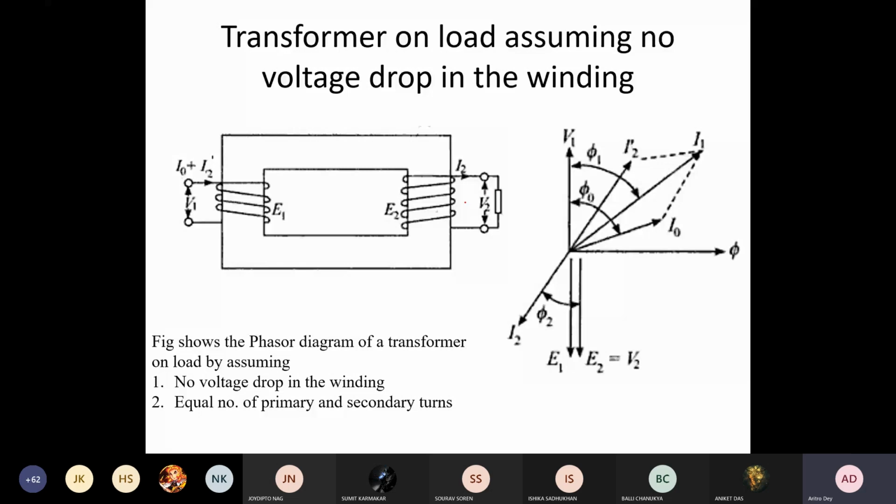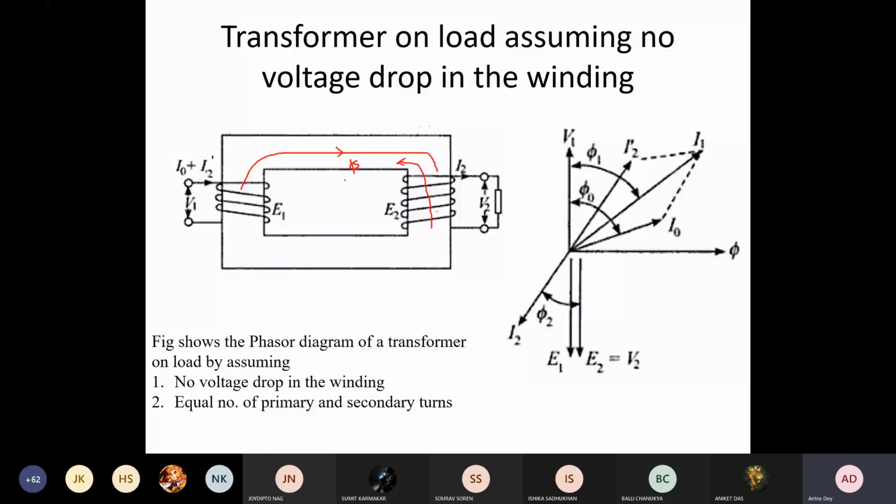And how will the flux be generated? It will be generated such that it can oppose the cause of magnetization as per Lenz's law, right? So if we are getting a phi like this, then your current I2 will be in such a way that it will try to nullify, counteract this phi. So if it tries to eliminate this phi, then what will happen?